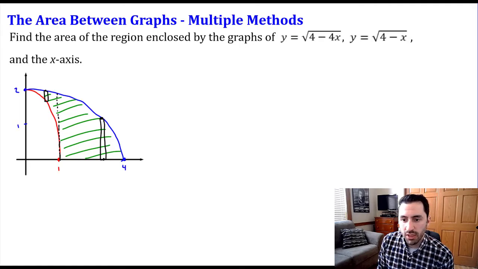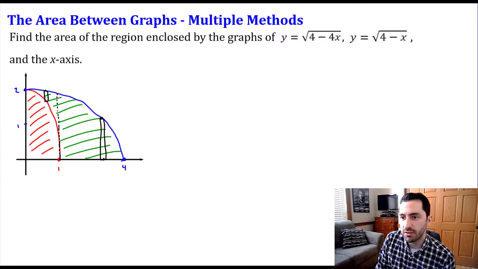So the integral here underneath the blue one gives me the entire thing, and then I want to subtract away the area of this region in red here. And then once I figure that out, all I need to do is add on the normal integral for our second function. And that will give me this entire green area underneath our graph in blue and the x-axis.